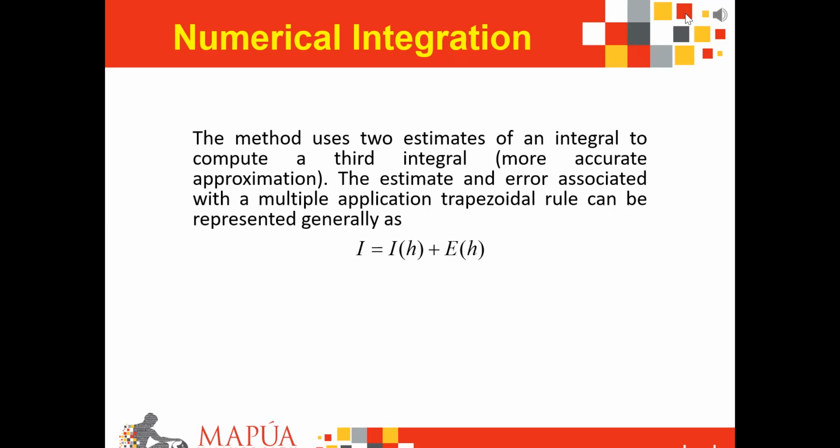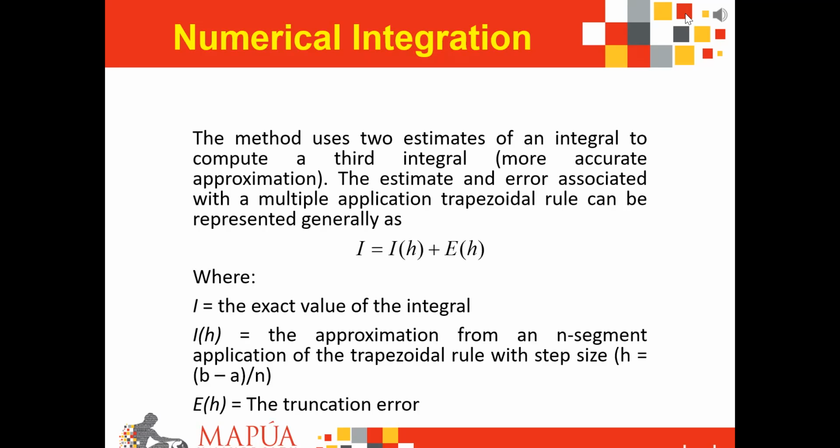As noted, the whole concept behind Romberg integration is to come up with an integral approximation that is very accurate, which is seen from the previous concept that if you have an integral estimate and then you add its calculated truncation error, you would end up with a very accurate integral estimate, whereby your I turns out to be the exact integral value.